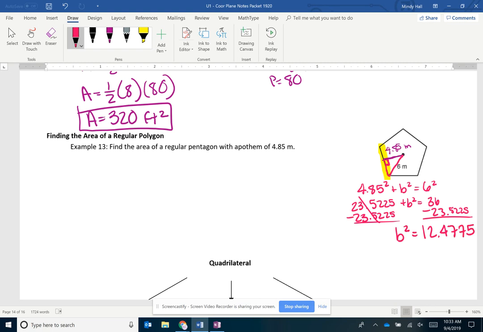So then when you take the square root, you get that b is 3.53. Now, something to keep in mind is that 3.53 represents just this little pink section, not the rest of it. So you actually have to multiply this by 2 so that you can get the full length of the side, which would give you 7.0647. I'm just going to go out a few extra decimal places.